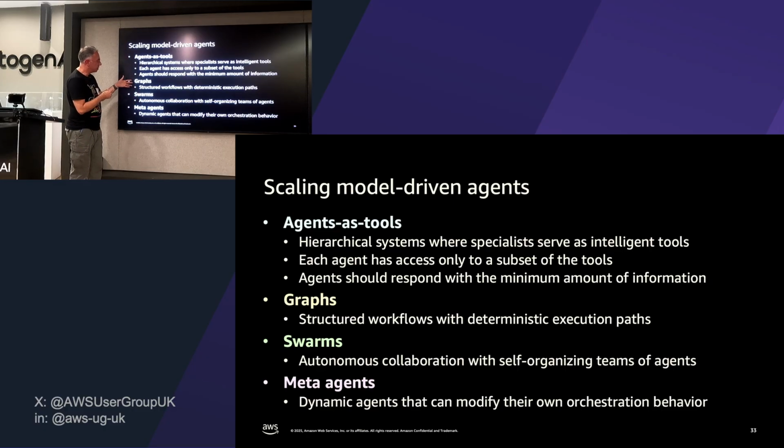Another approach that is more similar to what I described at the beginning is graphs. Many tools like LangGraph, for example, define multi-agents as a graph, where each node is an agent, and you say there is a web researcher agent, and then it gives the result to someone else, and so on. So it's static, but of course effective for specific use cases. Or you can create a swarm.